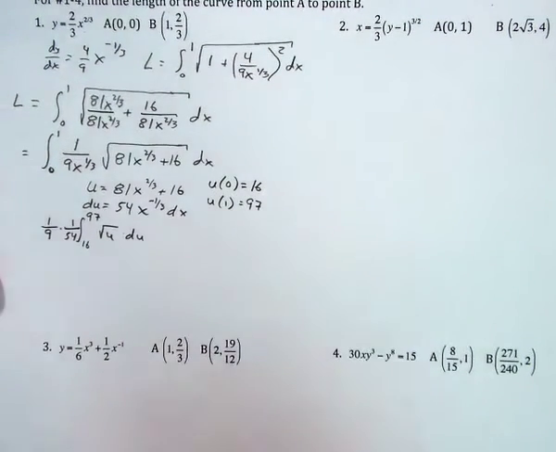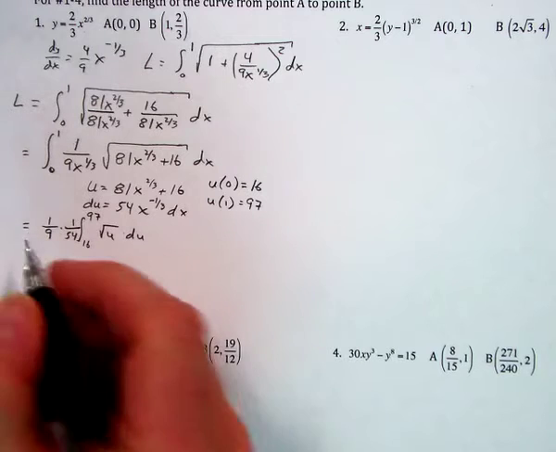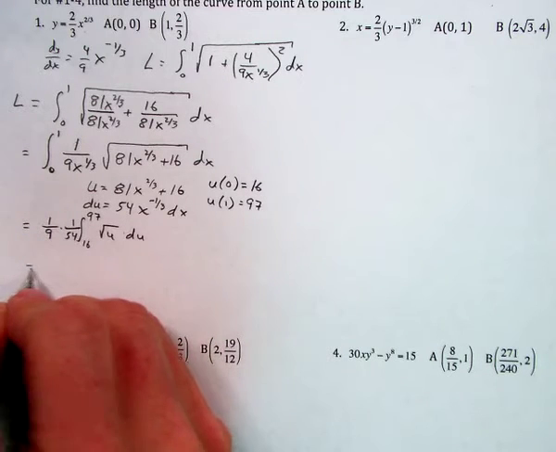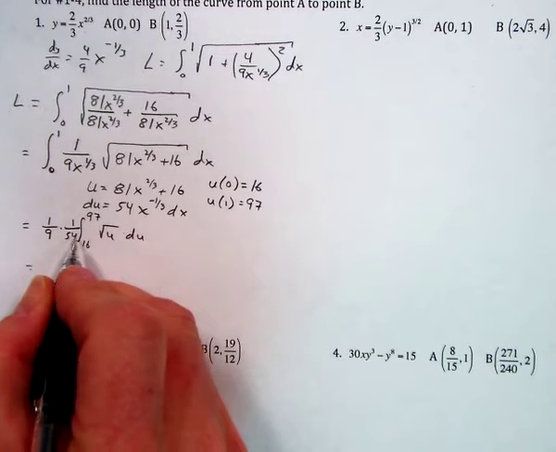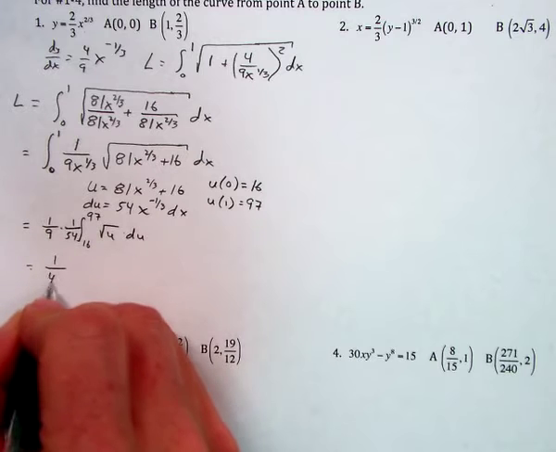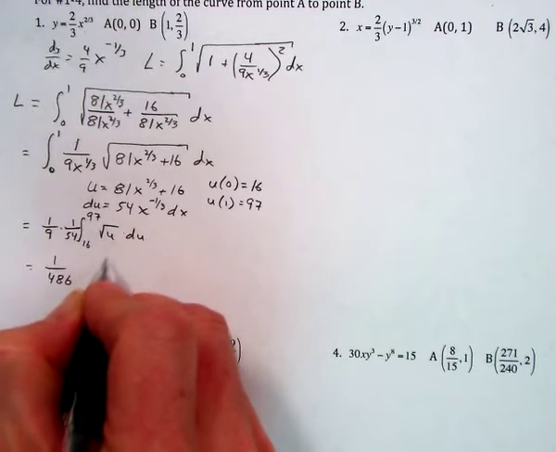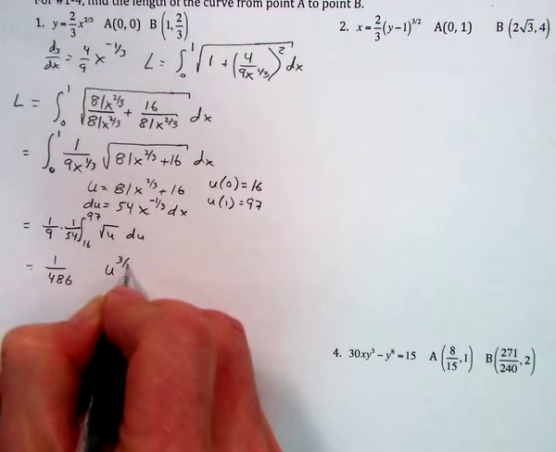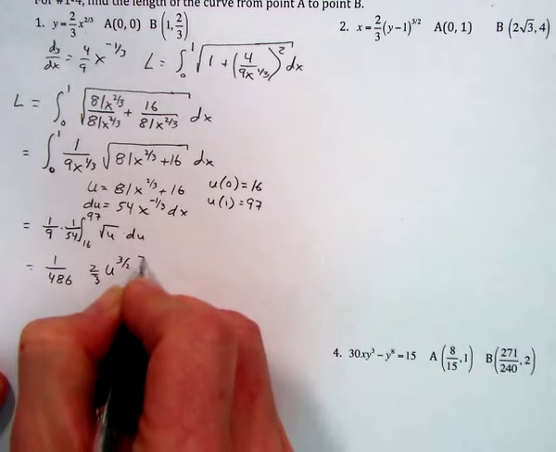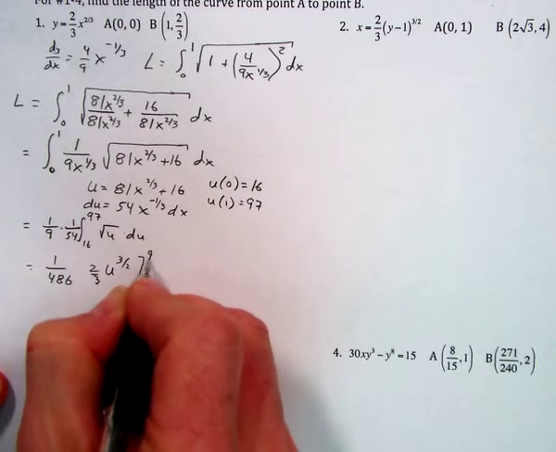And at this point, this is a pretty straightforward integral, so multiply all that out, you get 1 over 486, and then u to the 3/2 times 2/3 from 16 to 97.